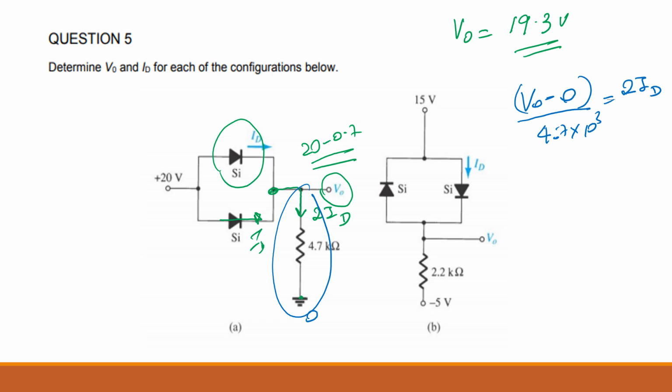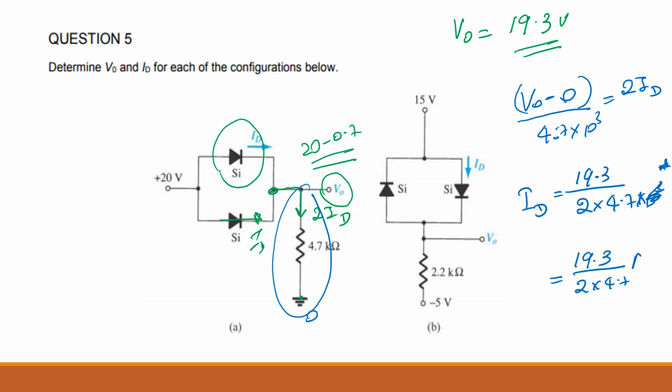Voltage across the resistor divided by the resistance will give you the current going across the resistor, isn't it? Is that right? So you can find the ID, which equals 19.3 divided by 2 times 4.7 times 10 to the 3 amps. You can get rid of this 10 to the power 3 and make it milliamps: 19.3 divided by 2 times 4.7 milliamps. Are we good?